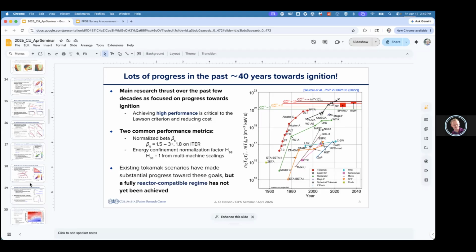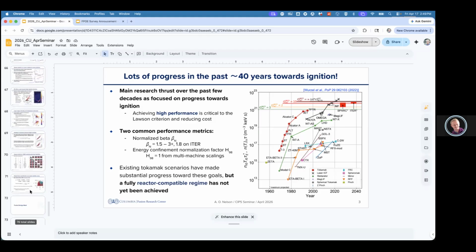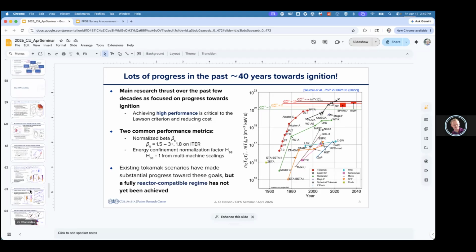For the NT campaigns at D3D, has a disruption ever happened? There were a couple, absolutely. As we were trying things, in the beginning we just had the wrong control scheme and were losing the plasma vertically all the time, and then we fixed that and it didn't happen anymore. So what's the downside of having a disruption?